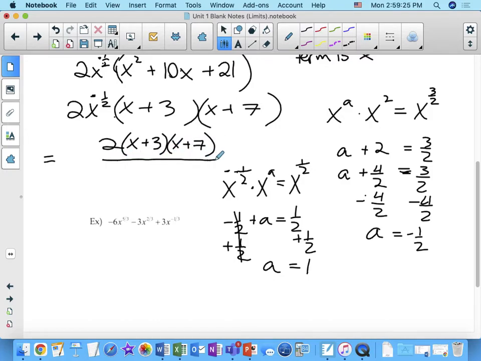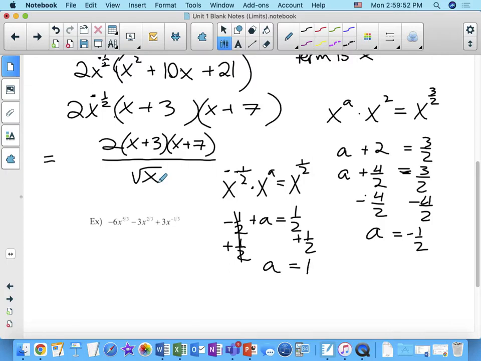And instead of writing it as x to the 1/2 in the denominator, we'd write it in radical form. Well, we could write it either way, right? I'll do it that way so that you guys can see it both ways. Because x to the 1/2 is the square root of x. So we'll leave it like that just so that you can see both.